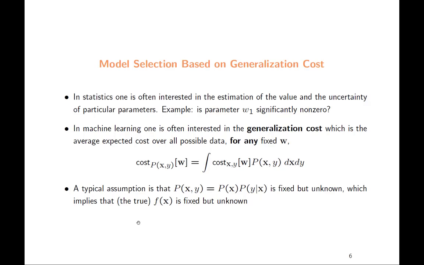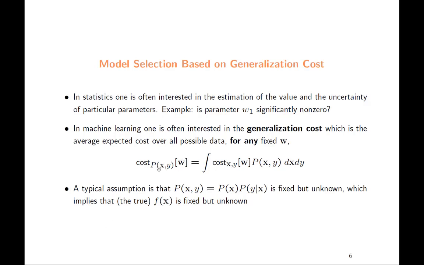In machine learning, one is more interested in the generalization cost, which is the average expected cost over all possible data for any fixed w. So it's written in this form. So it's a cost now.